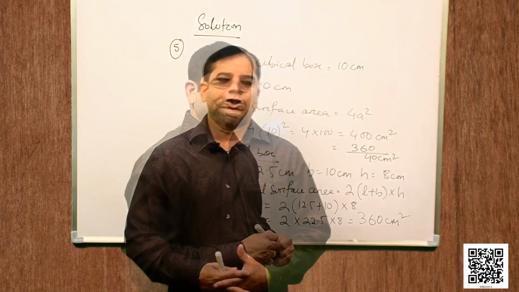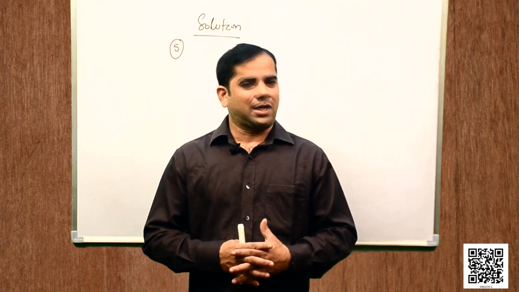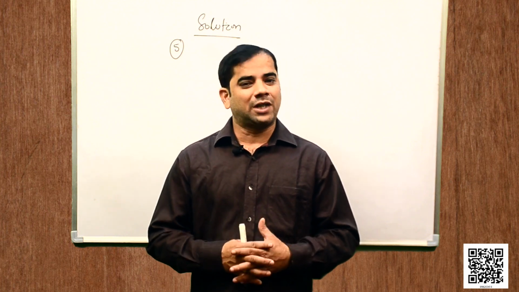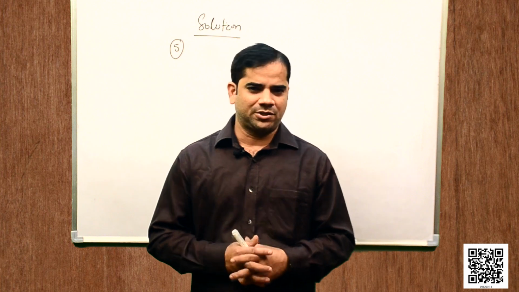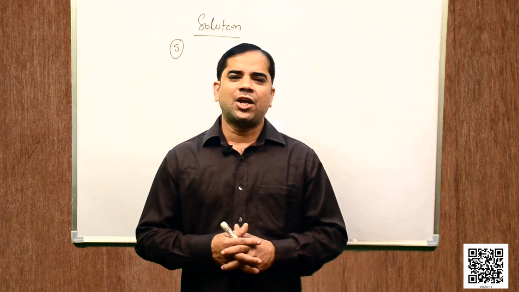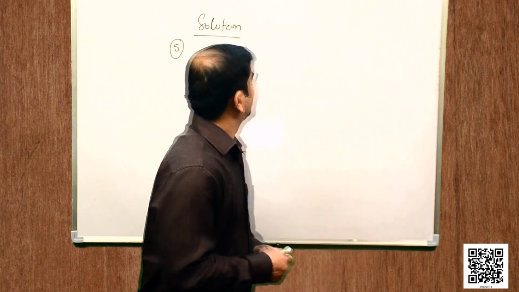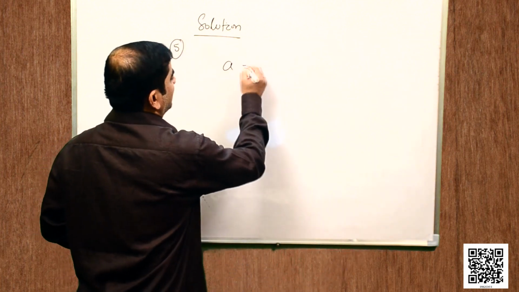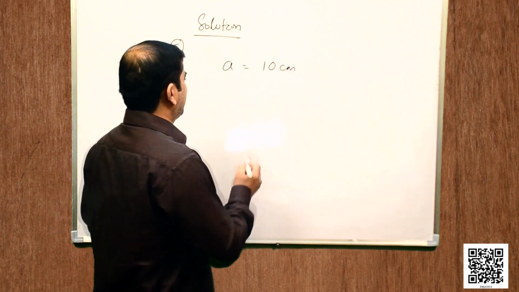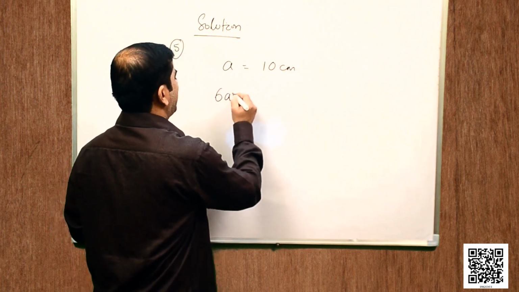Okay. Students, part 2 asks which box has smaller total surface area and by how much. So let us find out the total surface area of the cubical box. Here a is 10 centimeter, and for total surface area the formula is 6a square.